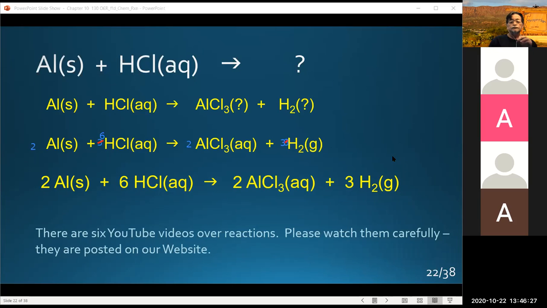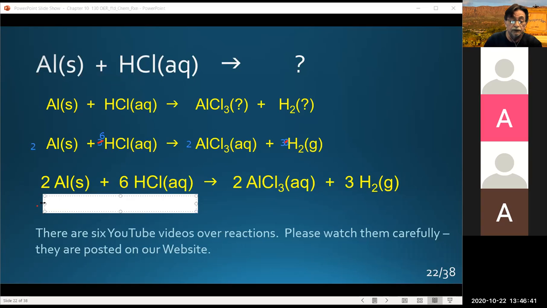Okay. All right. Let me ask you a question. If I have 4 aluminums, let's just say I start off with 4 aluminums, how many hydrochloric acids do I need for this reaction?